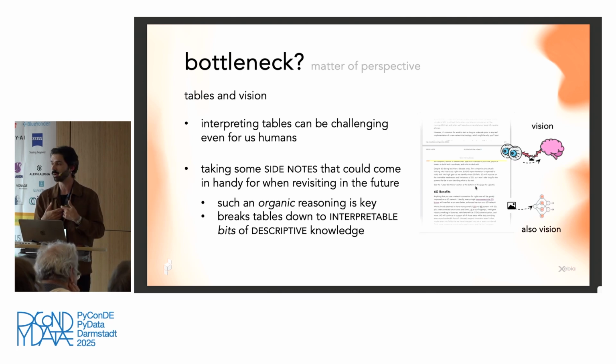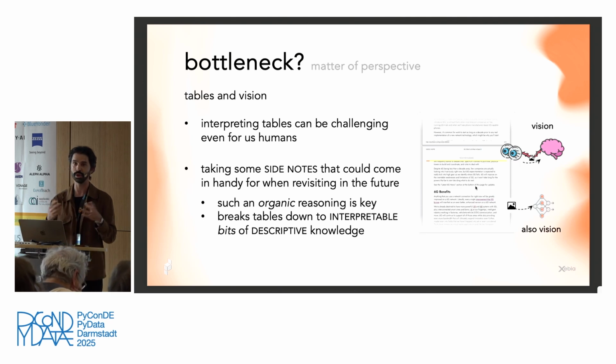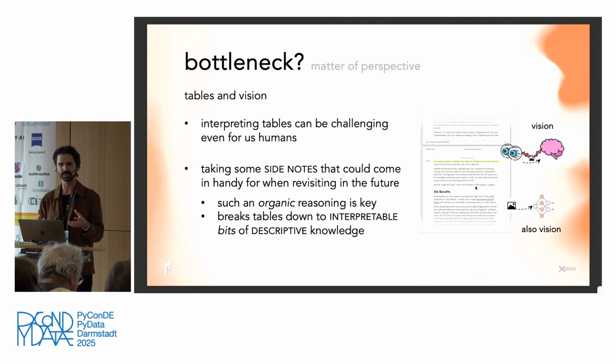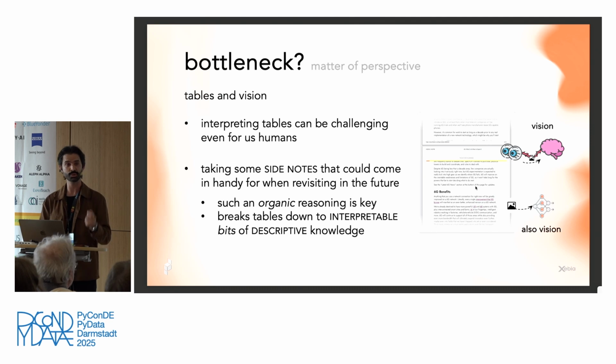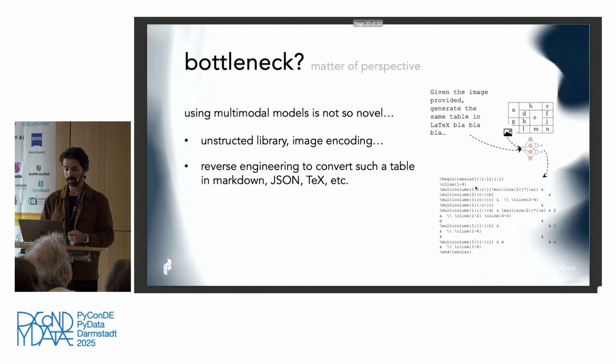When I read a scientific paper or an equation or a table, I take side notes. So if I want to revisit it weeks later, it's easy to grasp it again because my side notes are descriptive enough. And I would say this organic rationale is key for the prompt engineering, for the next steps, because we need descriptive knowledge.